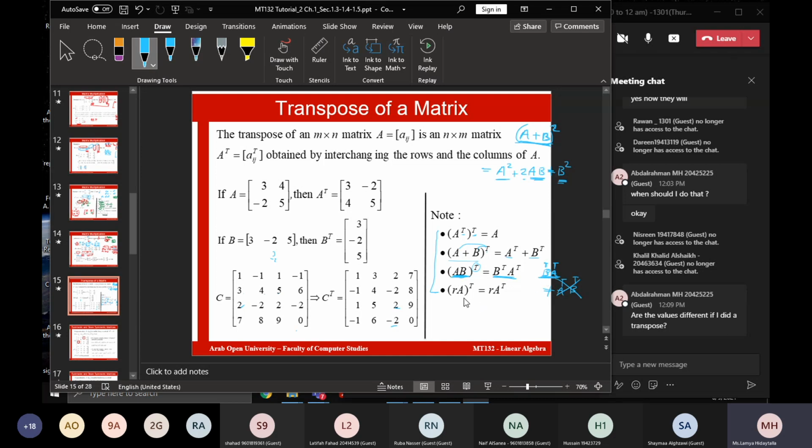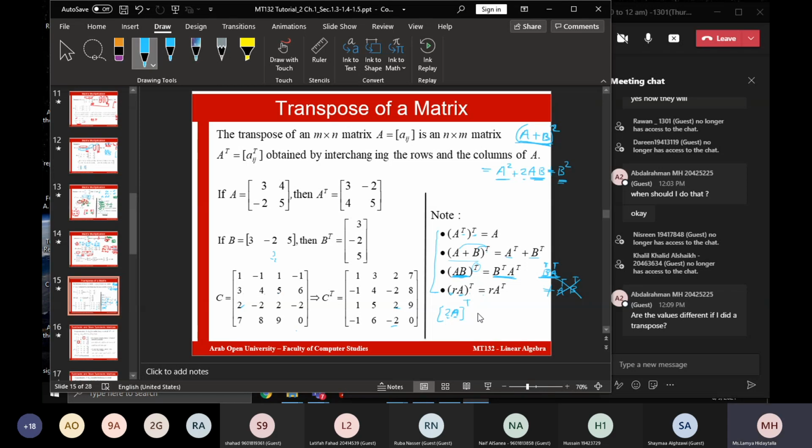Okay. Lastly, any constant times A and the whole transpose, this is equal to what? Of course if we have matrix 2A and then we need the transpose, you can multiply 2 times the matrix A, meaning each element of A you multiply by 2 and then you transpose.